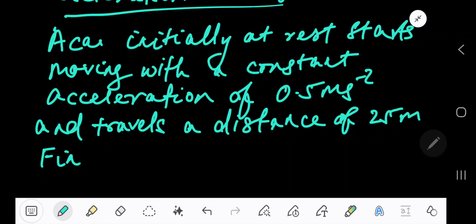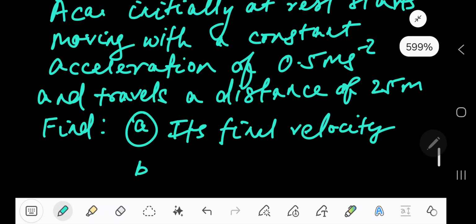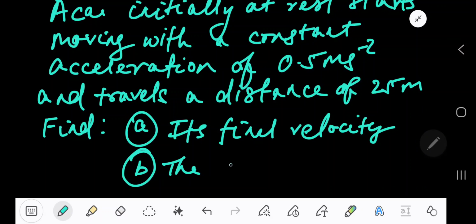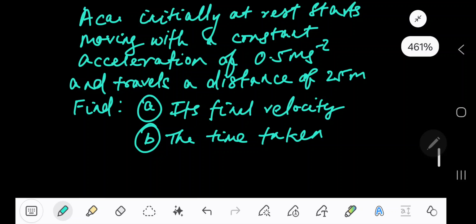Find its final velocity and the time taken. Okay, you can read the question.